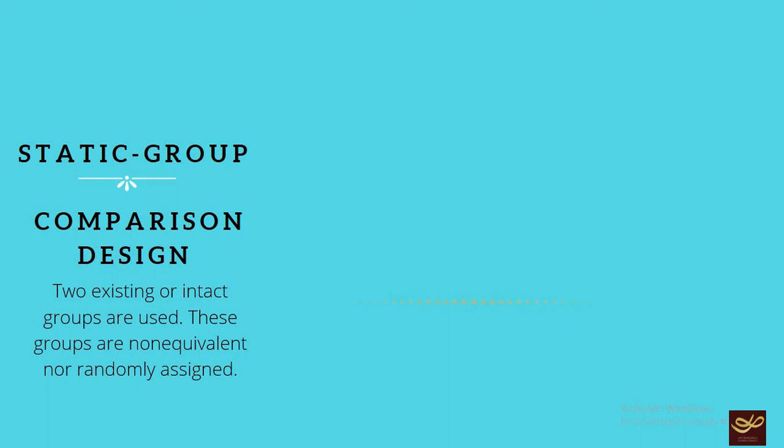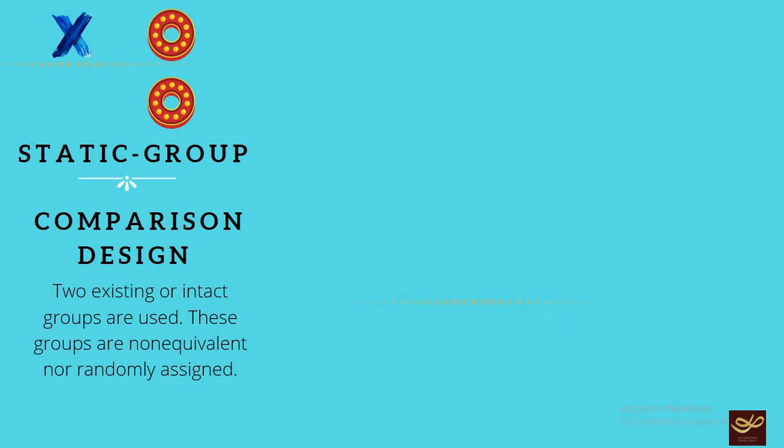So intact groups, what do we mean by that? There were just two classes that were used. There was no consideration as to whether these classes are of equal characteristics in terms of performance. Basta, intact group, dalawang grupo ang kailangan, gumamit ng dalawang grupo. So that is just the static group comparison design.